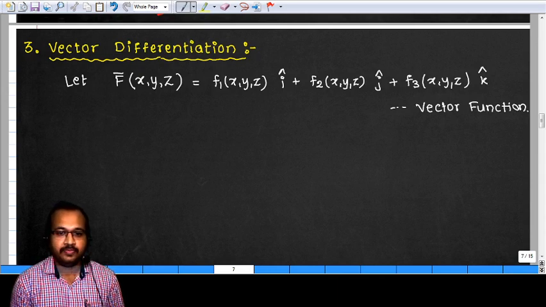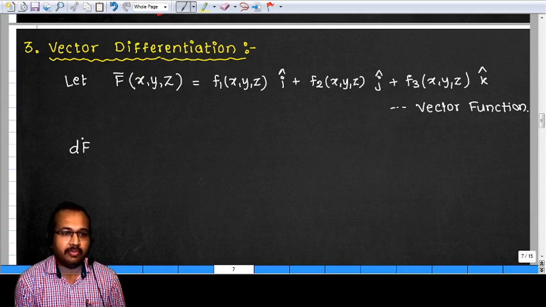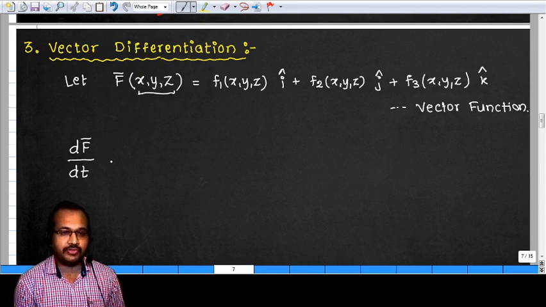So let's define the derivative of f bar with respect to some scalar variable t, where t is an independent variable such that x, y and z are some functions of t.